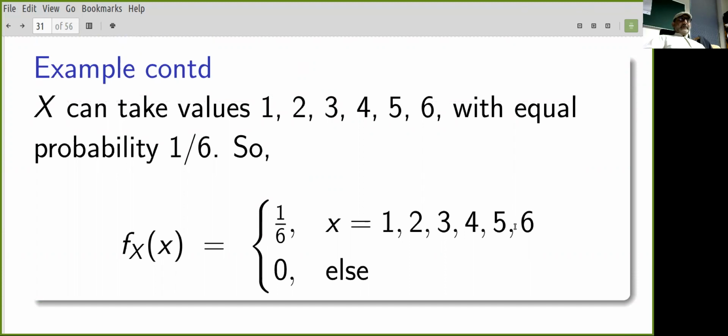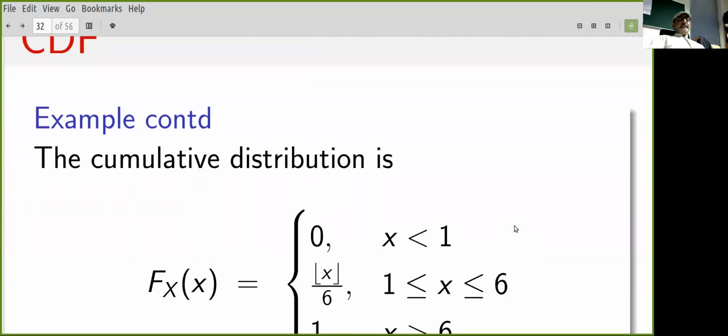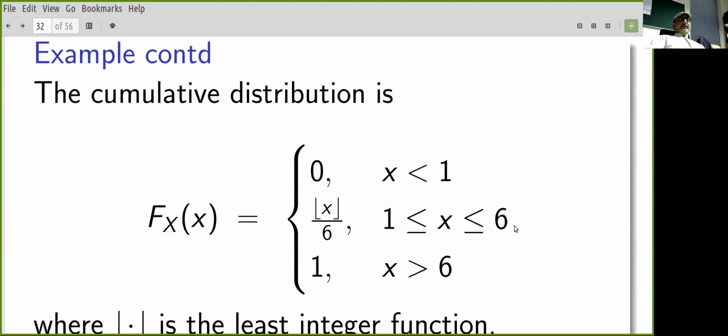All right. Now, what does the CDF look like? Cumulative distribution. Well, for values less than 1, what is the probability that x takes a value less than 1? Well, it's 0. It never gives values less than 1. Okay. What about values that lie between 1 and 6?